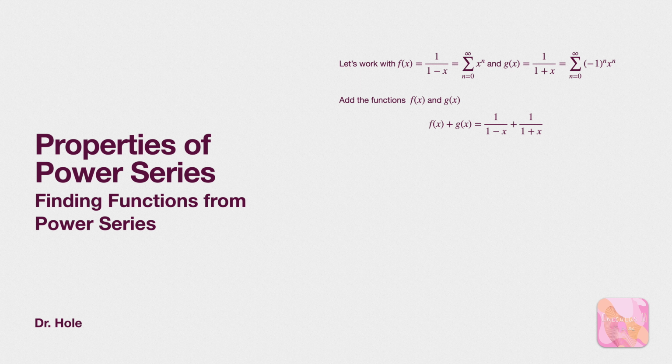We can perform algebra. This is a sum of two rational functions, differing denominators, force them to have a common denominator, do a little bit of simplification, and come up with the sum function as it can be expressed algebraically as 2 over 1 minus x squared.